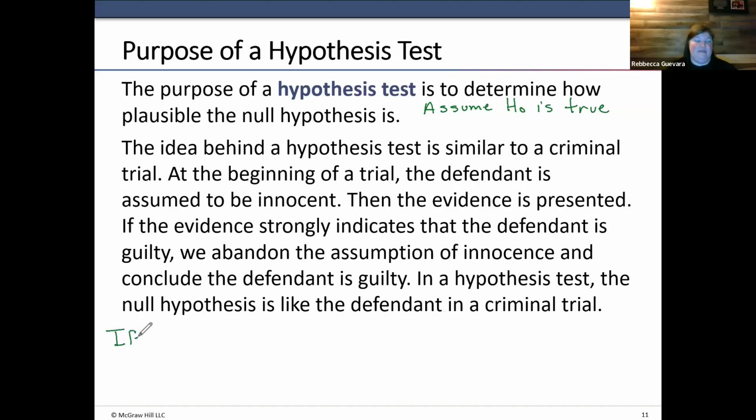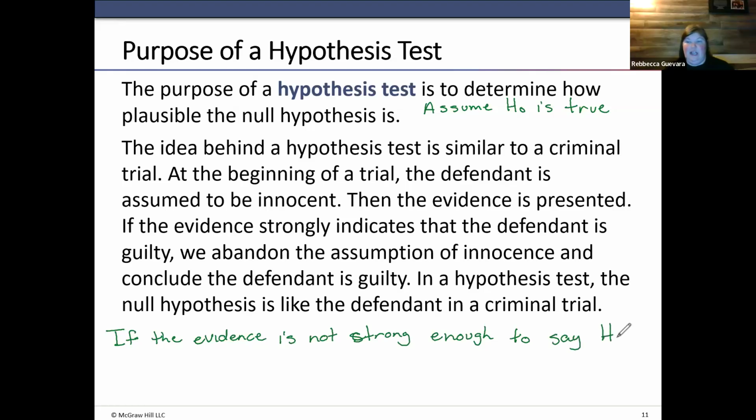So if the evidence is not strong enough to say that the null hypothesis is false, then we basically assume that the null hypothesis is actually true.